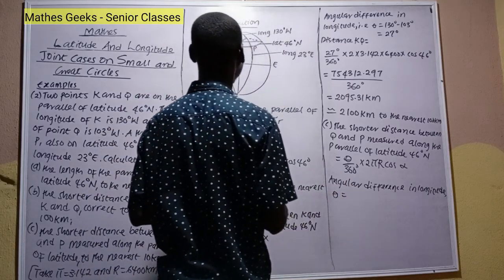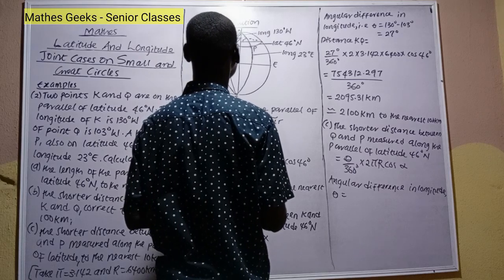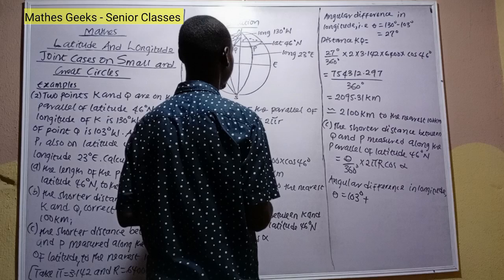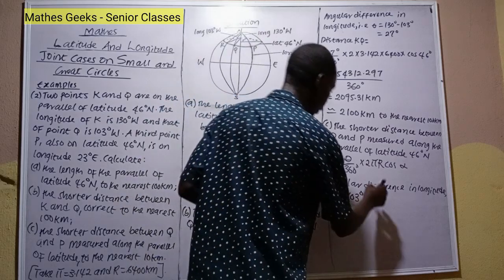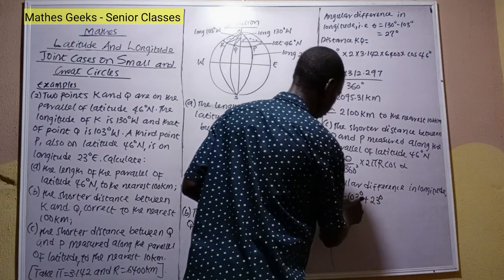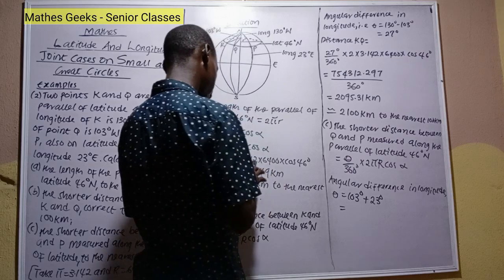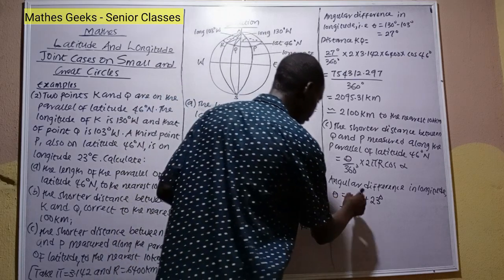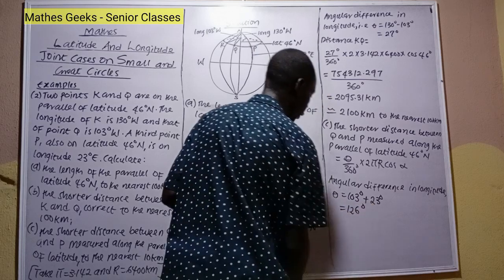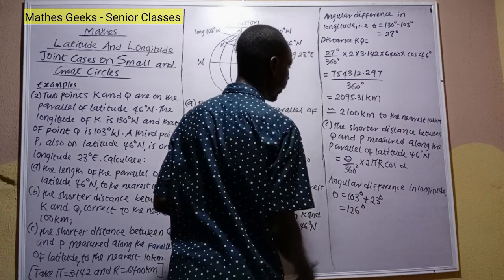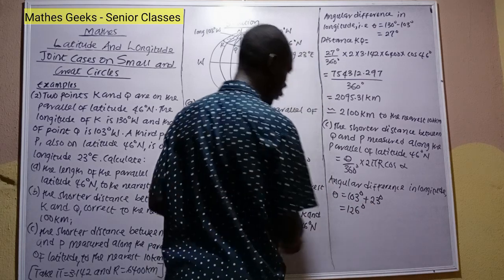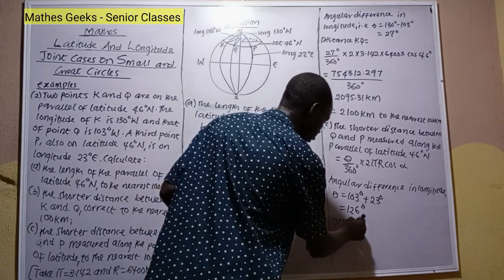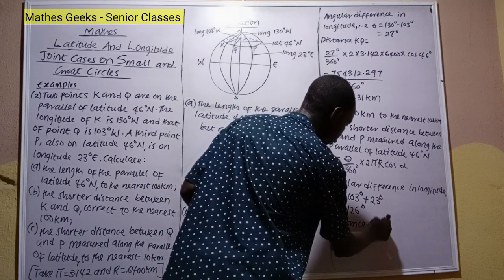Longitude Q is 103 degrees plus longitude P is 23 degrees east. 103 plus 23 is 126 degrees.